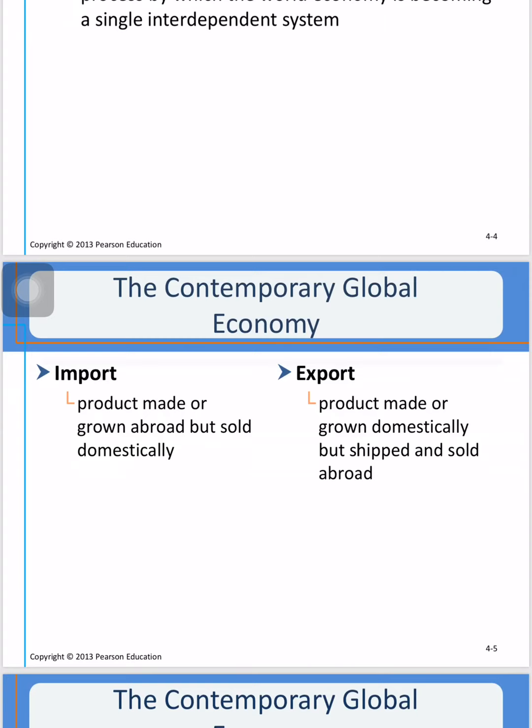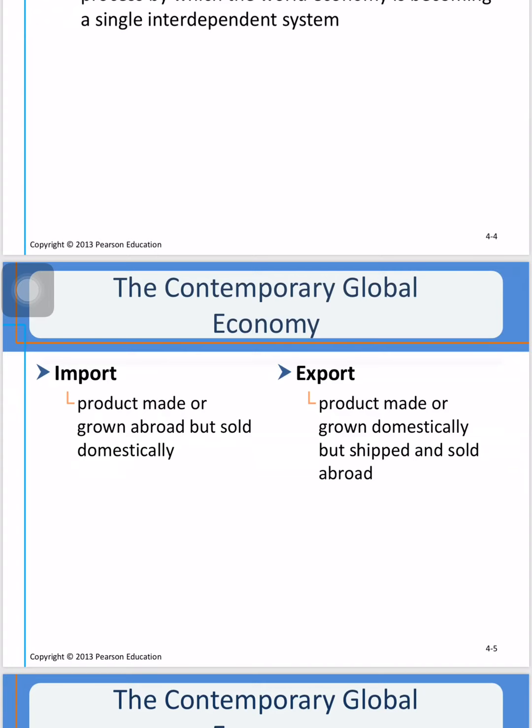So export is actually produced domestically, and you sell your product or service abroad to other countries. Import is where the product is produced abroad but sold inside the country. That's the difference between import and export.